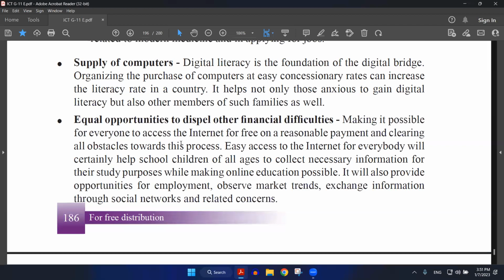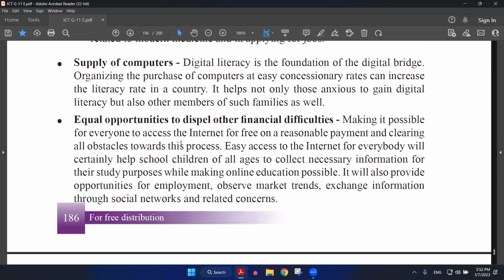So sometimes there can be programs where an organization can research the crowd, the citizens living in rural areas, and after the research, donate particular devices to these families.